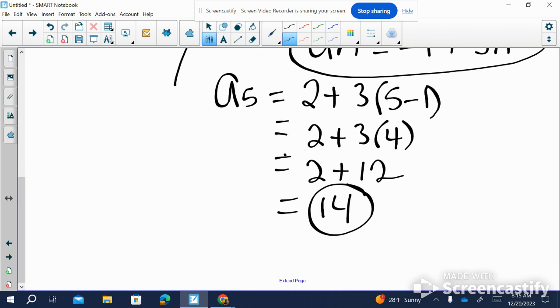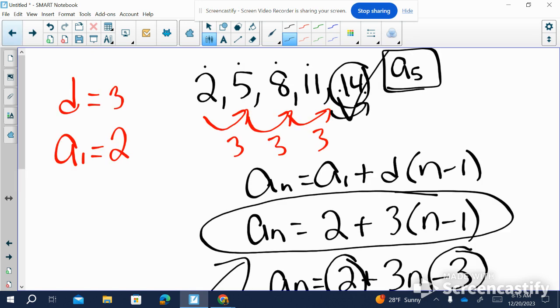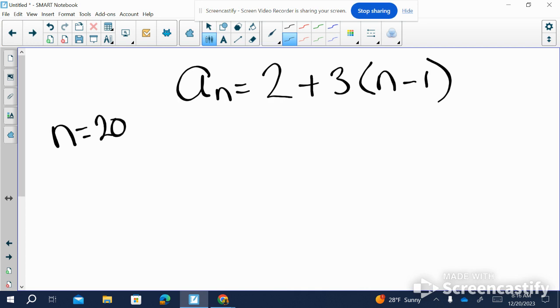So let's say I wanted to find the 20th term. So again, here's my explicit formula. The first term was a 2 plus 3 parentheses n minus 1. Well, if I want to find the 20th term, I'm just going to plug in a 20 for n.